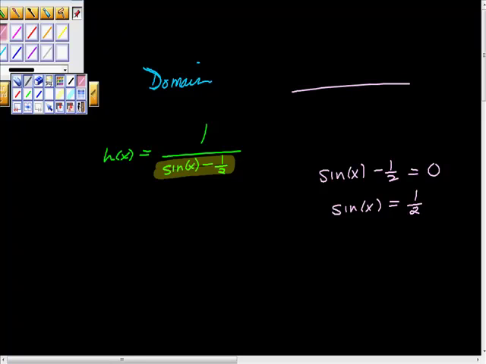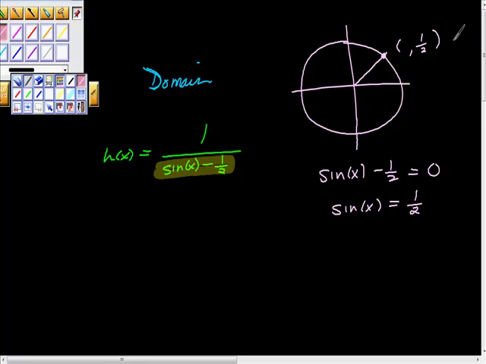Now again, I'm back at the unit circle, and I happen to know that this angular value right here has a sine value of 1/2. So it's 1/2 here, the sine value. And the cosine value is, I think, 3 pi halves. That doesn't matter, but this is the value that does matter here.